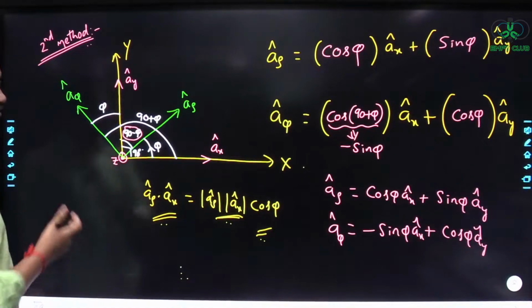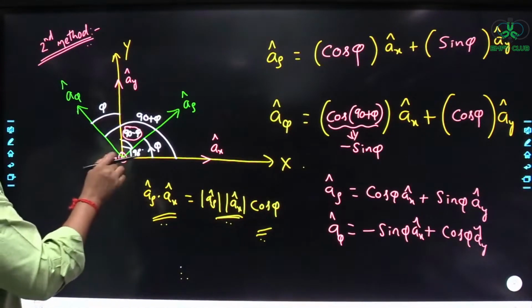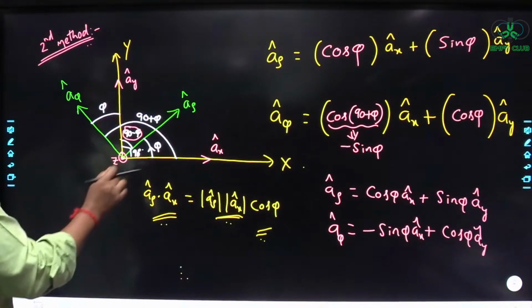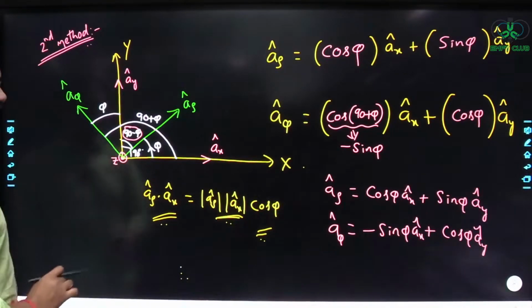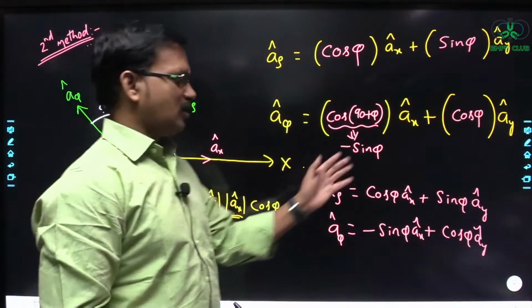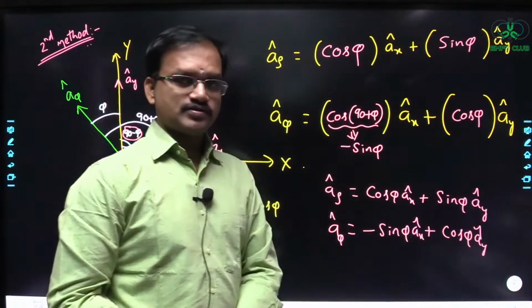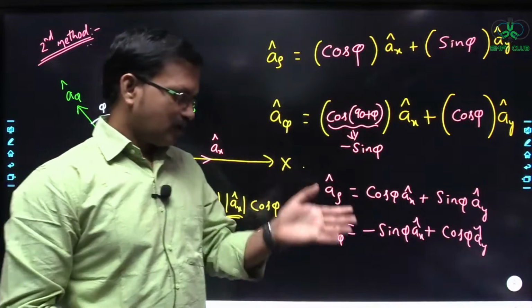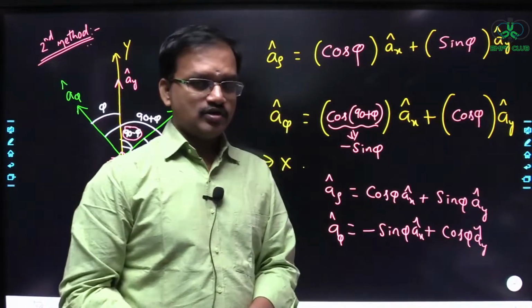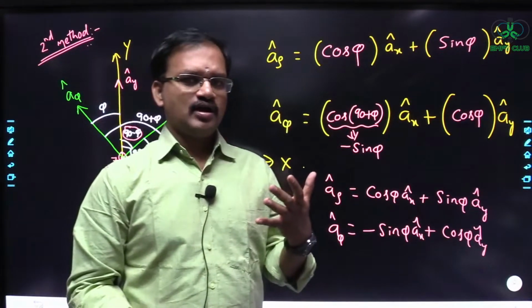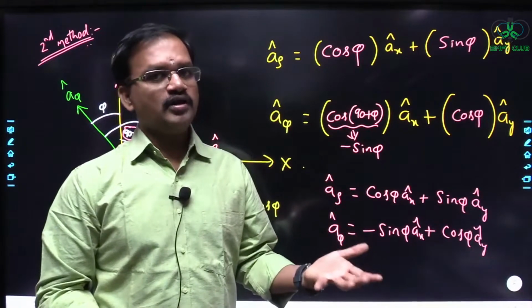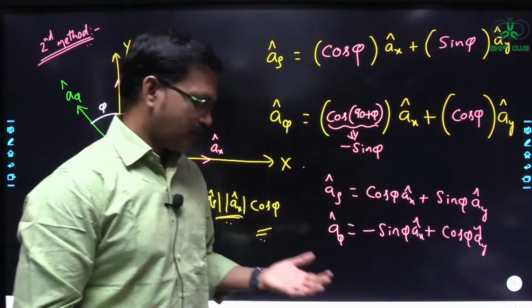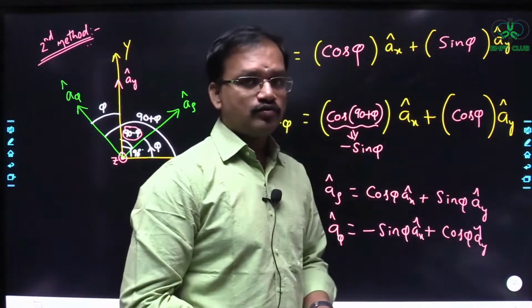But if you make any simple mistake while taking the angles, there is a chance that you will get wrong answers. That's why you can follow the first method. If you follow the first method, there is less chance of making mistakes. The probability of making a mistake is very, very less.